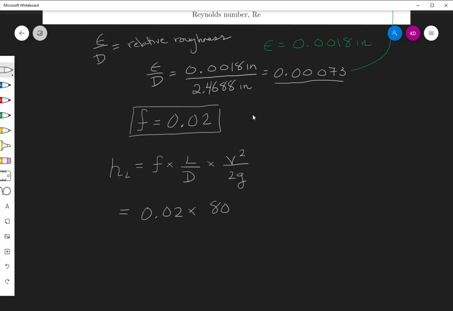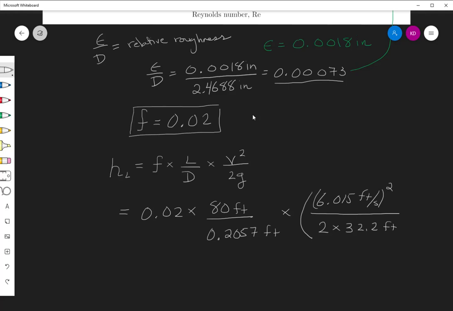The length is 80 feet, divided by the diameter in feet, 0.2057 feet, times the velocity head. The velocity head will be our velocity, 6.015 feet per second, squared, divided by 2g, 2 times 32.2 feet per second squared.